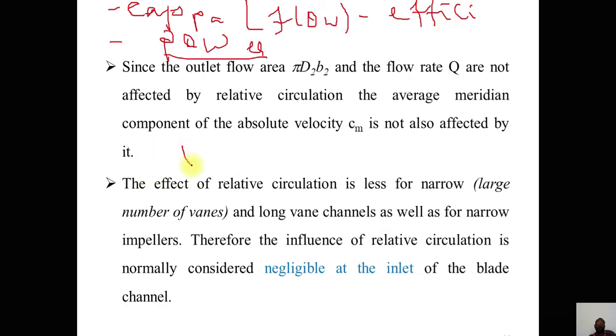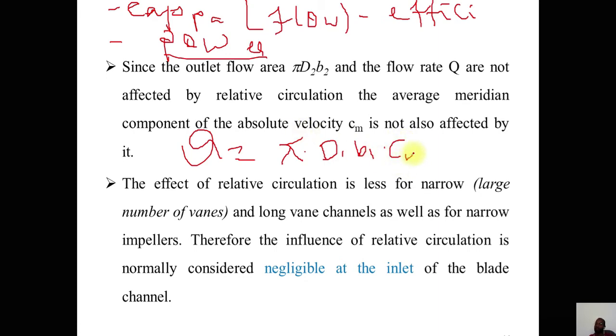Therefore, from our last lesson, Q, which is the capacity or flow rate in the case of fluid machines, is determined by combining the parameters pi, diameter, and, at exit 1, diameter 1 and length b1, times the flow velocity.